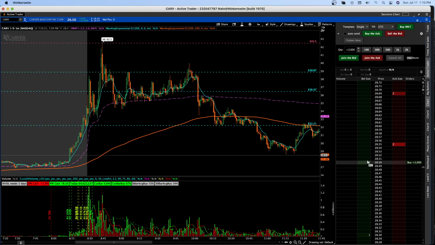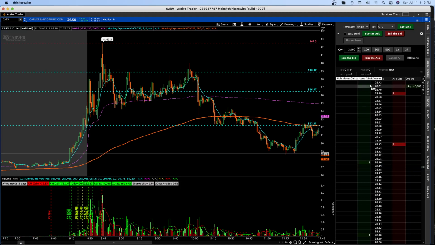And if I want to sell, then I'll just shift click wherever I want to sell. And if I bought a stock and I didn't do a bracket order, and let's say I bought it at 28.50 and now it's trading at 28.72 and I'm in the green, then I'll come down here maybe at 28.51, 52, 53, and boom, I'll put in my stop loss there by just shift clicking.